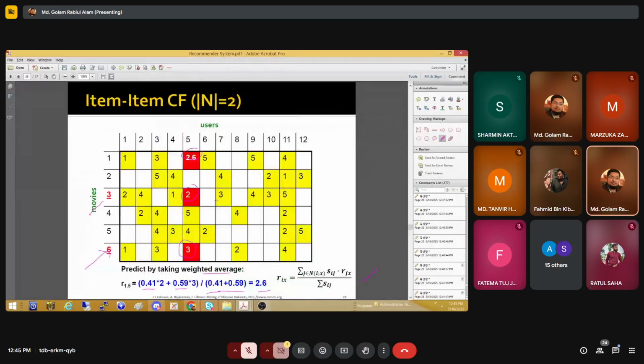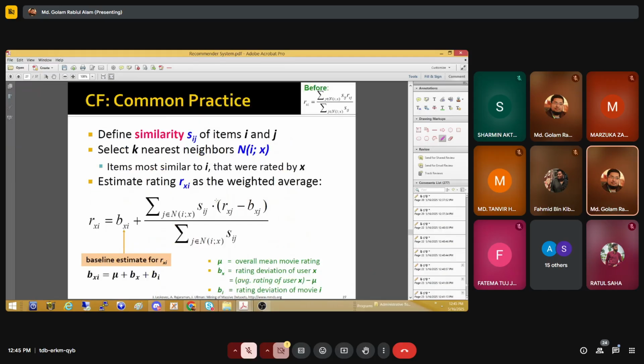So we have already discussed collaborative filtering, that is item to item and user to user collaborative filtering, and we have also discussed the content based approach. But we also have the hybrid approach. Usually we apply the hybrid approach in many cases.